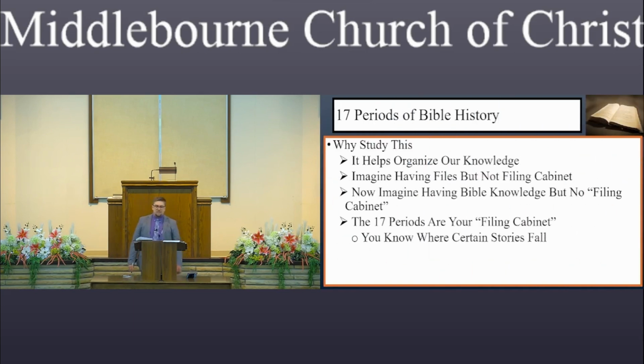So to illustrate the point, looking at the 17 periods, if I said, where is a story about Abraham? Now, we should be able to go in our minds and go, oh yes, that's Genesis. Right? We'll know that off the top of our head. But let's just for a second suppose that off the top of our heads, we don't know where Abraham's story falls. But I know that Abraham is a patriarch, right?